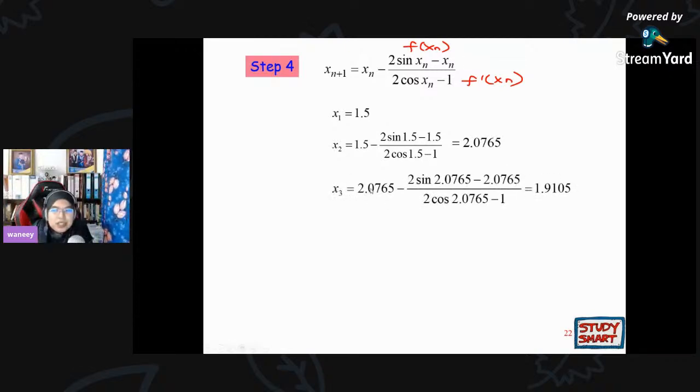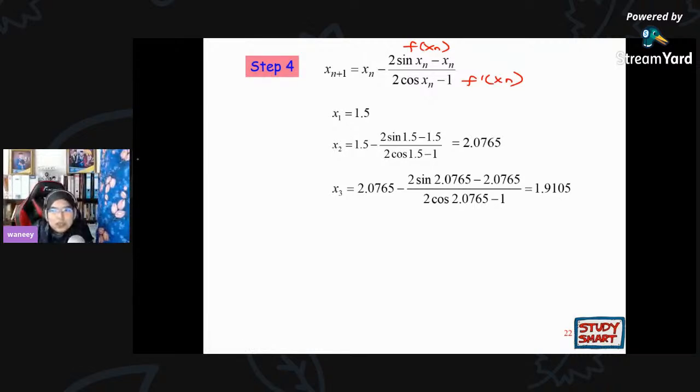And then you're going to substitute to find the second value, x3. So 2.0765 minus (2 sin 2.0765 minus 2.0765) over (2 cos 2.0765 minus 1). And then once you calculate this value, you're going to get 1.9105.